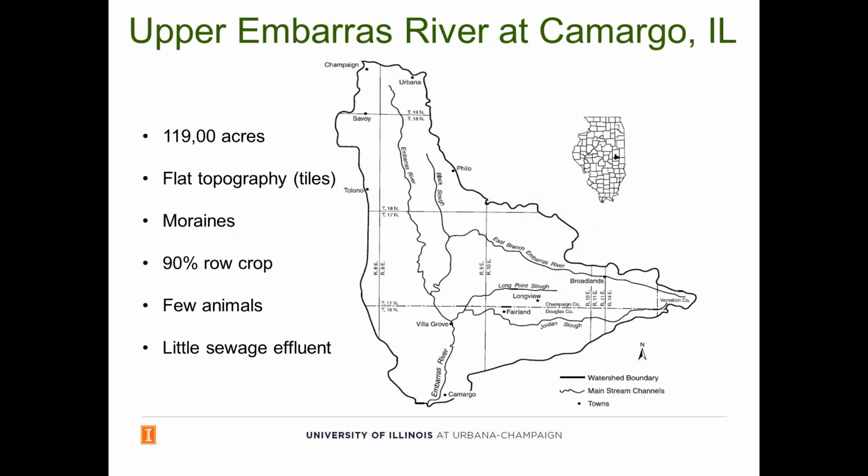Here's a larger view of that at a little town called Camargo, Illinois. And its headwaters, like I said, are in Champaign-Urbana, but Urbana and Champaign sewage effluent go into different streams. So we don't have to sort that out. This is a very nice watershed for looking at row crop contributions of nitrate, because there's very few animals in the way of livestock and a little sewage effluent, and it's 90% row crop.